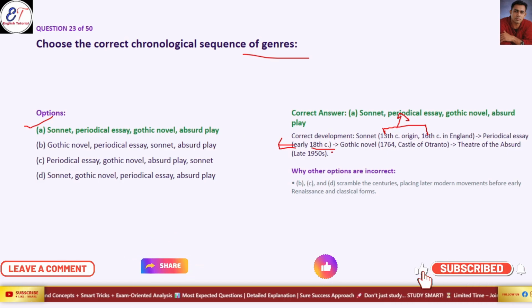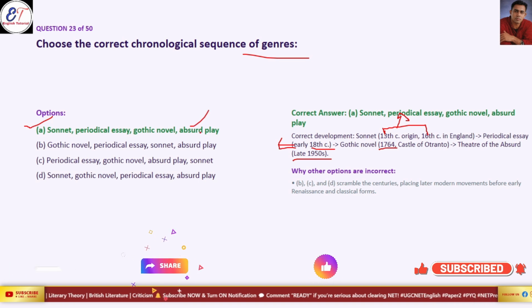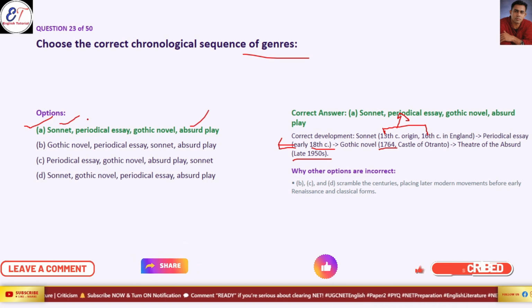Then the Gothic novel, published in 1764. And after that, the absurd play, such as Waiting for Godot by Samuel Beckett. It is the last genre. So first is sonnet, then periodical essay, then Gothic novel, then absurd play.